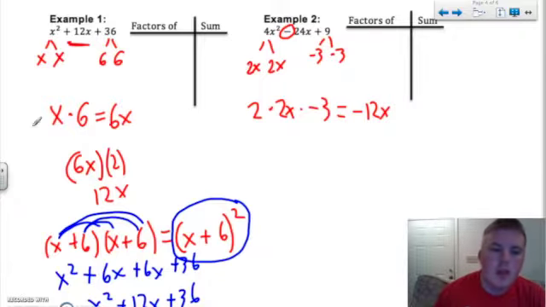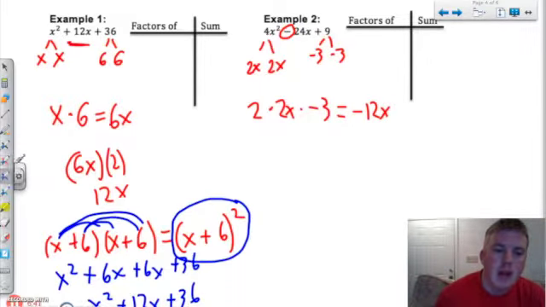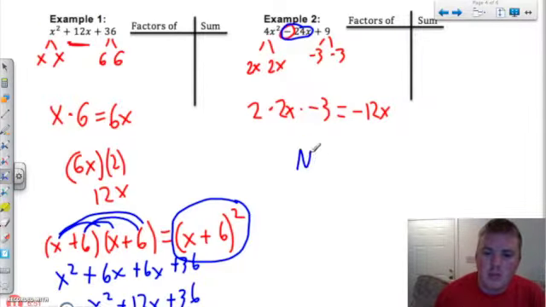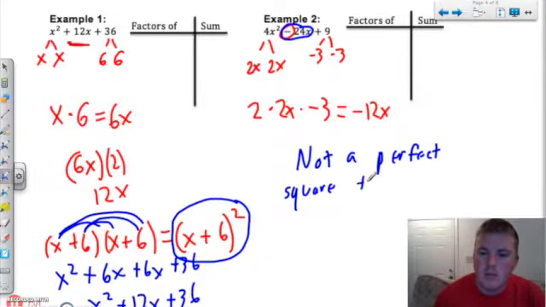So for this to be a perfect square, I would have to have a negative 12x here. In this case, I do not have a negative 12x, so this is not a perfect square trinomial. So I'm not going to be able to factor using this method.